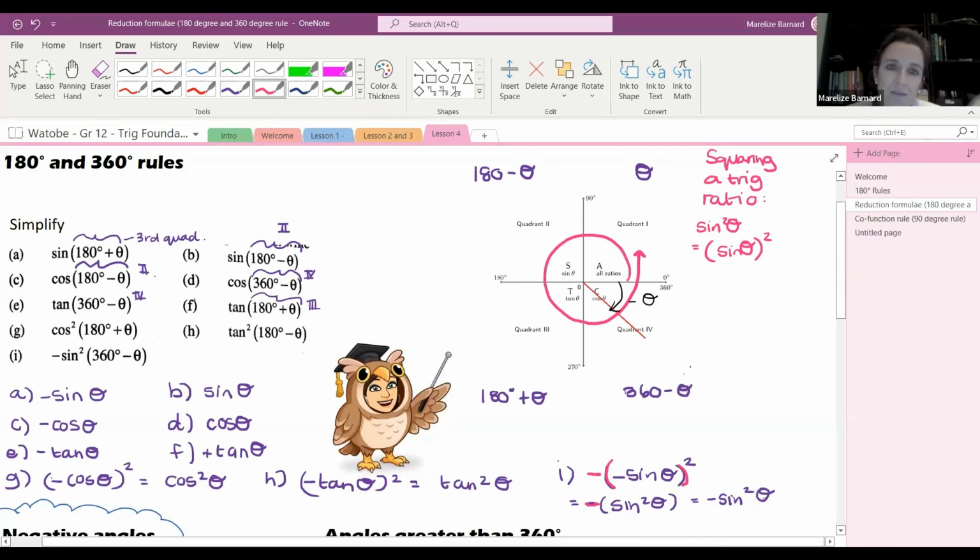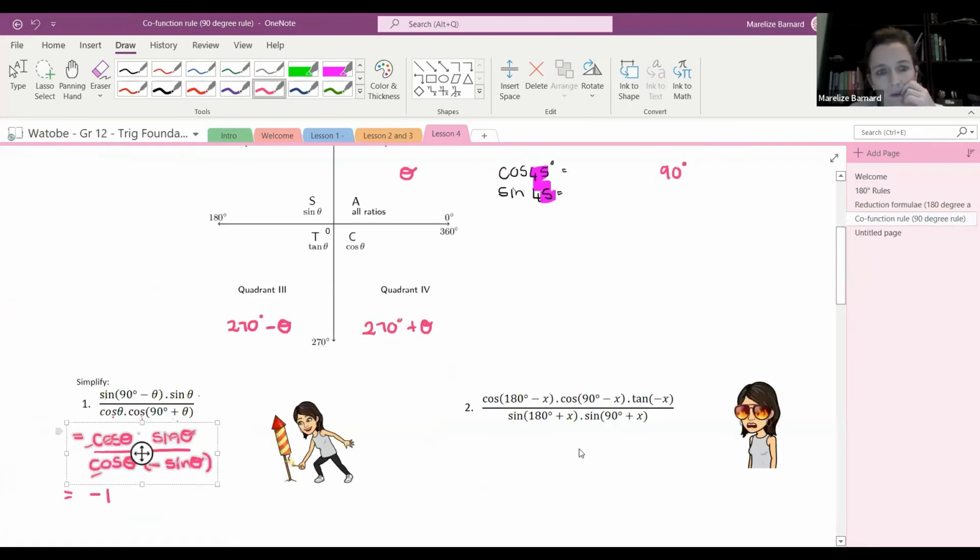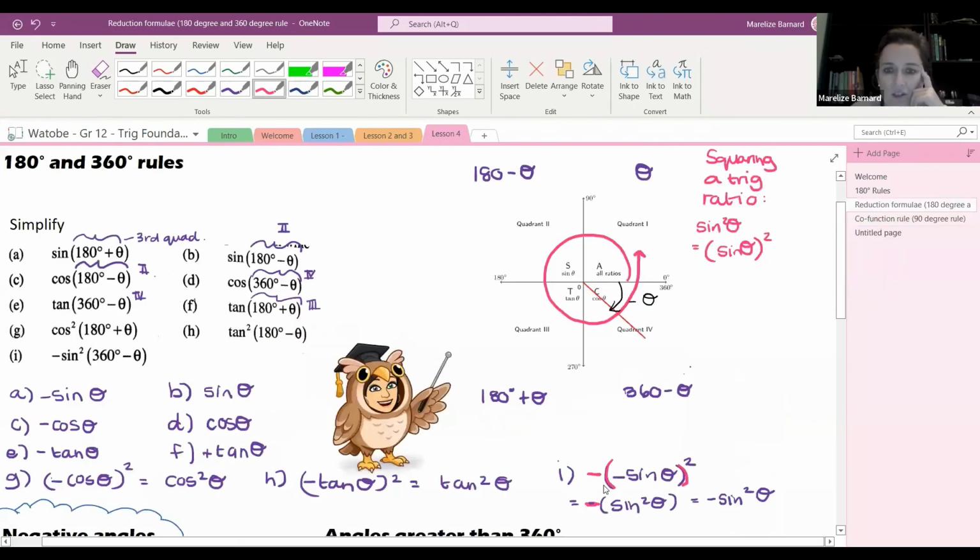If it didn't have that minus in front, we would still leave it as positive because we're squaring it. So, ma'am, for this type of question, our rule that sine squared or cos squared or tan squared cannot be negative doesn't apply? No, it will apply if there's a negative in front, like we had in that question. This question was different because it had a negative in front.